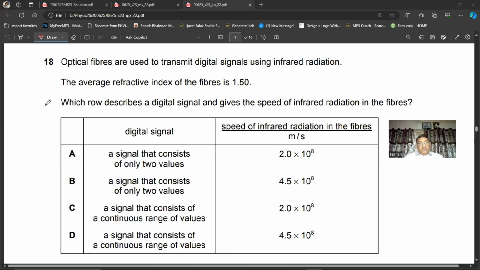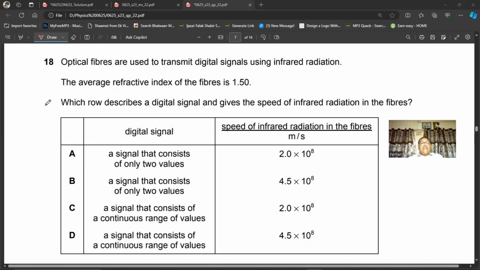The speed of infrared radiation in vacuum or in air is 3 × 10^8 meter per second. In the fiber, because the fiber is solid, the speed will become a little less than that. So it cannot be 4.5 × 10^8, it must be 2.0 × 10^8 meter per second.